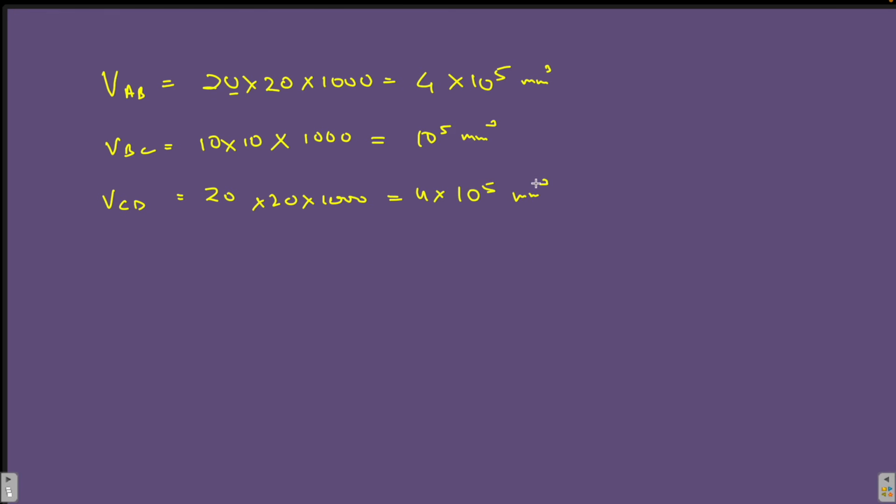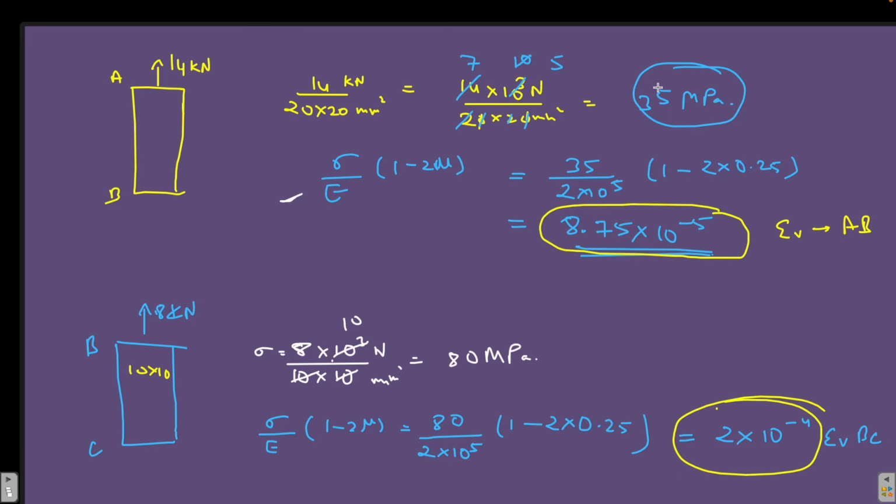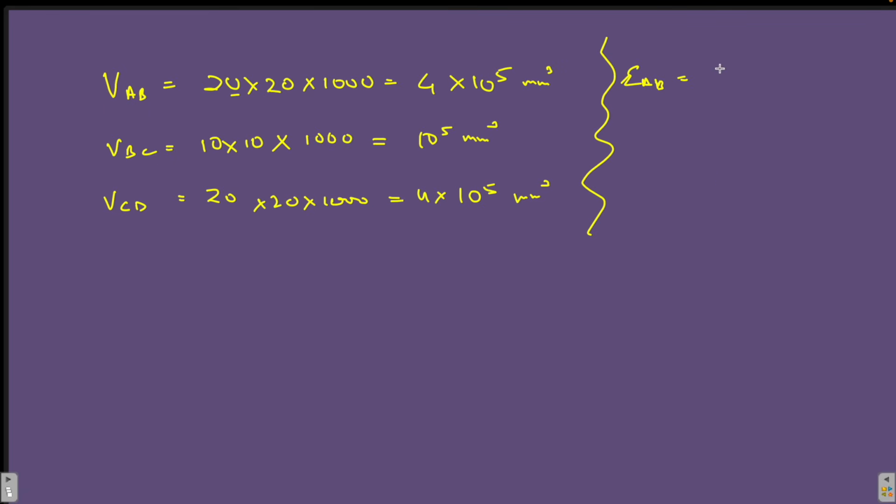Now once we have the volume of all the three parts and we have the volumetric strain of all the three parts, volumetric strain of AB is how much? It is 8.75 into 10 to the power minus 5.